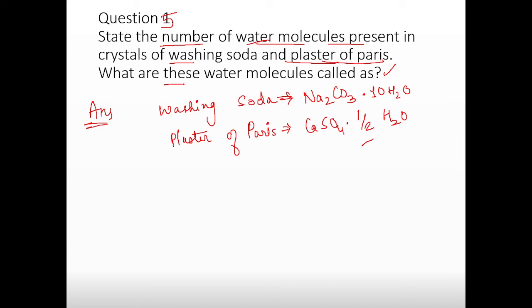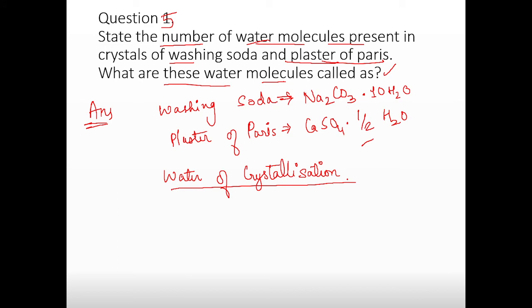And what are these water molecules called? They are called water of crystallization. Okay? So it is water of crystallization. So with this, dear students, we have completed today's session.